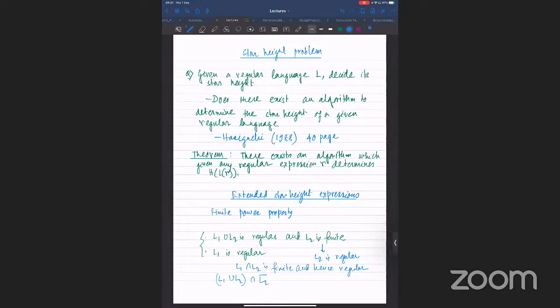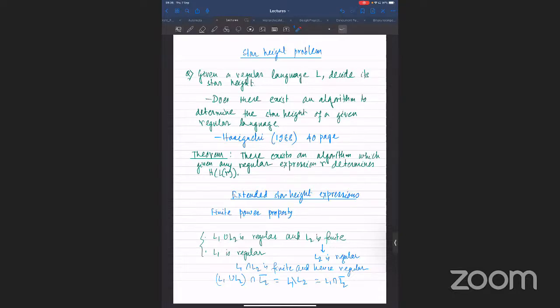What does this give you? This is the same as L1 intersection L2 prime, correct? But here you were saying that this is equal to this. Is that what you said? Why?